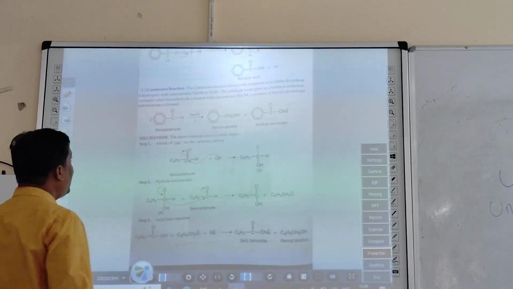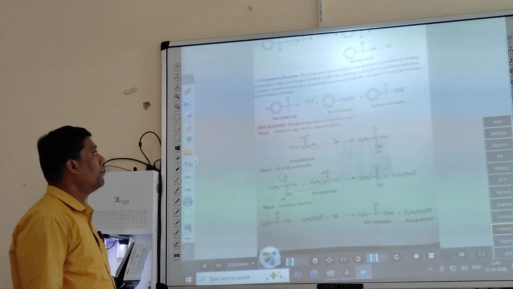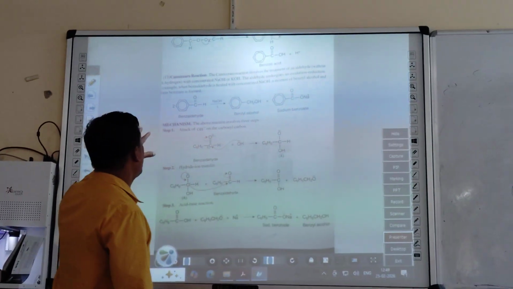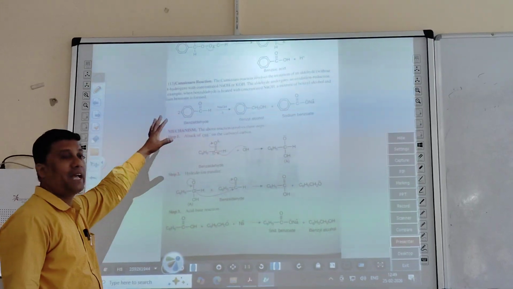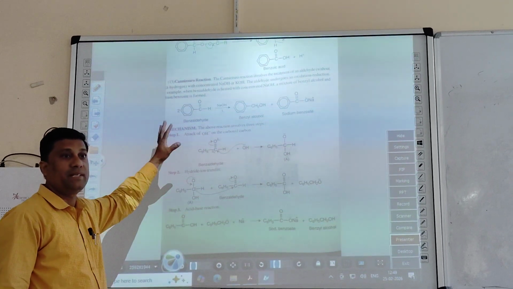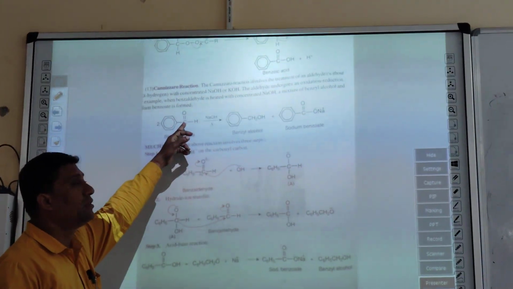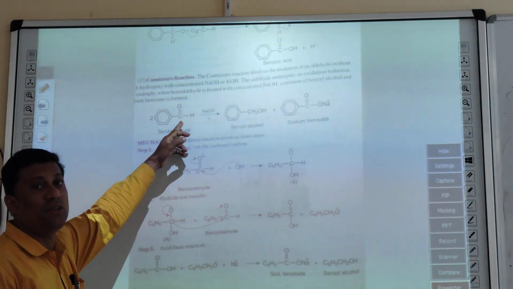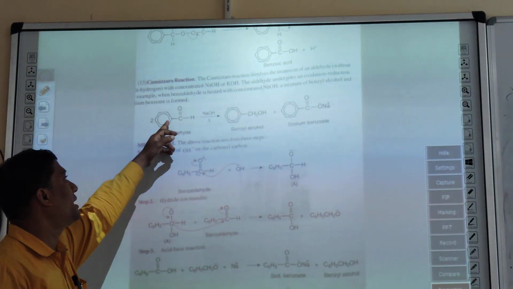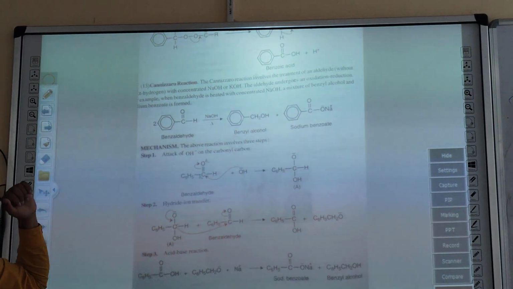Example: when benzaldehyde is heated with concentrated NaOH, a mixture of benzyl alcohol and sodium benzoate is formed. Benzaldehyde is an example in which there is no alpha hydrogen atom. This is the CHO aldehyde group, and the nearest carbon having hydrogen would carry the alpha hydrogen.